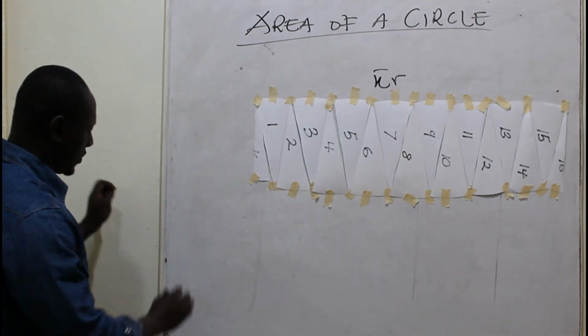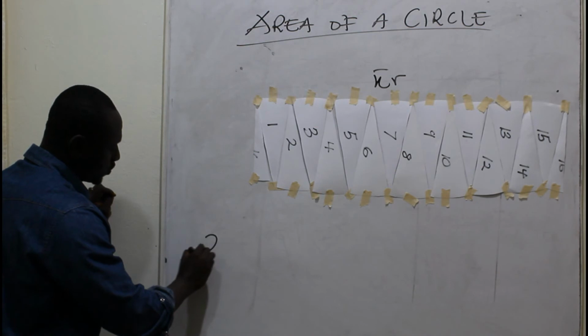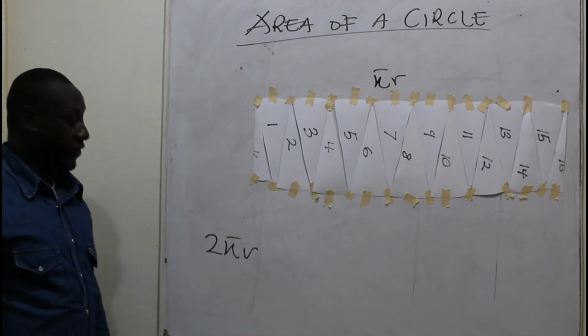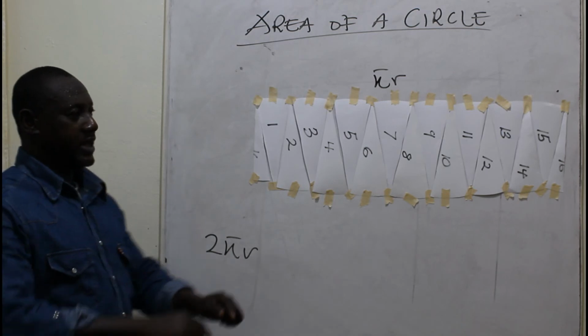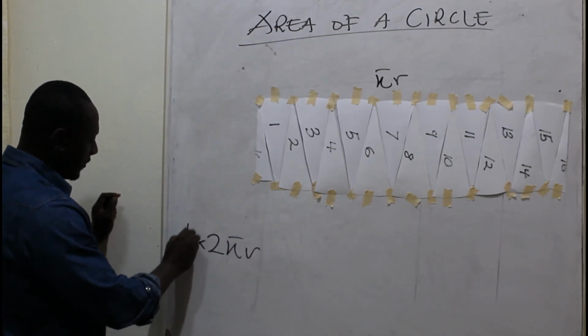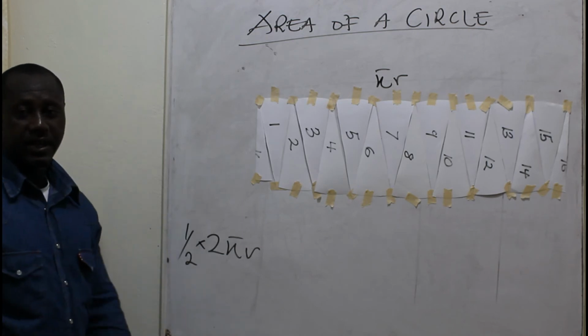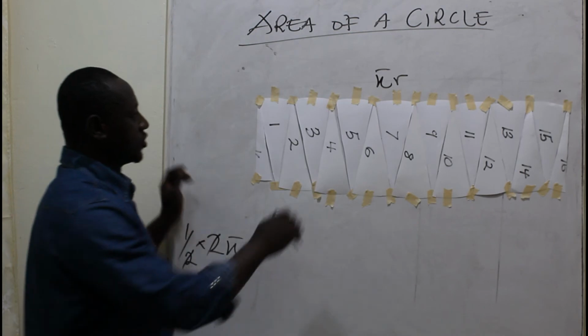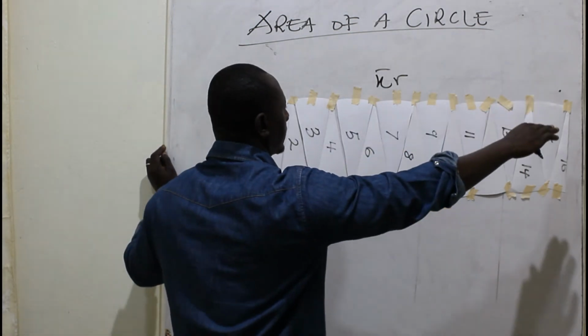I think you can guess it because the circumference of a circle is 2 pi r, which we did in our previous lesson. And we are saying that if you divide it into two equal parts, then it means that you are going to have half of the circumference of the circle. And by so doing, this cancels that, leaving pi r. So this part is pi r.